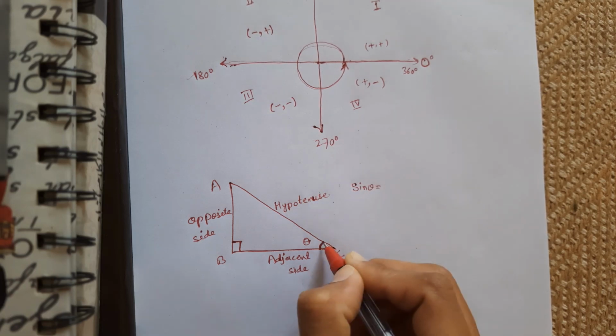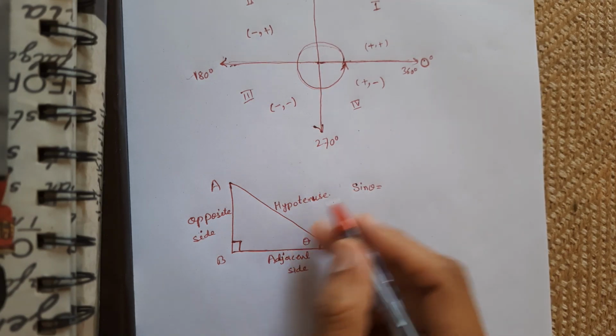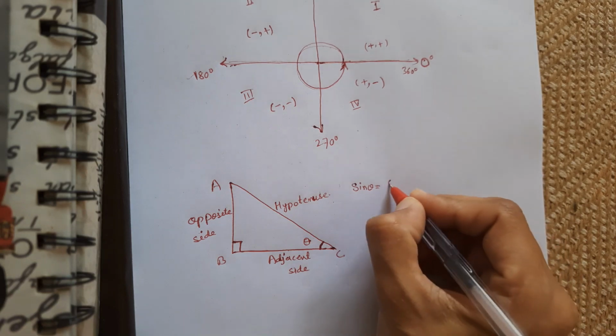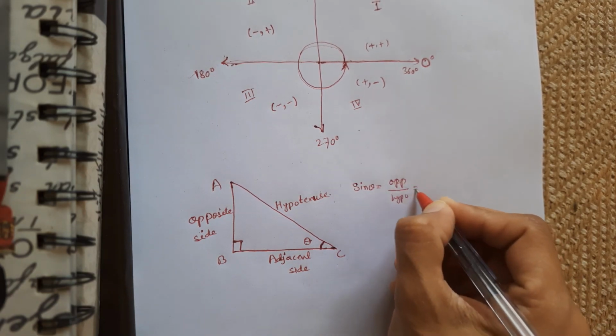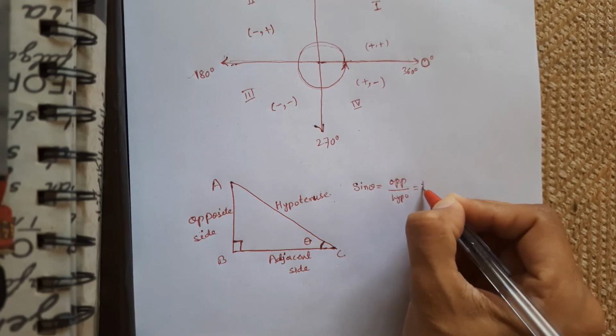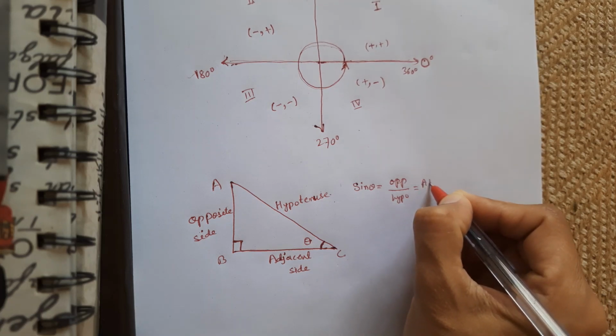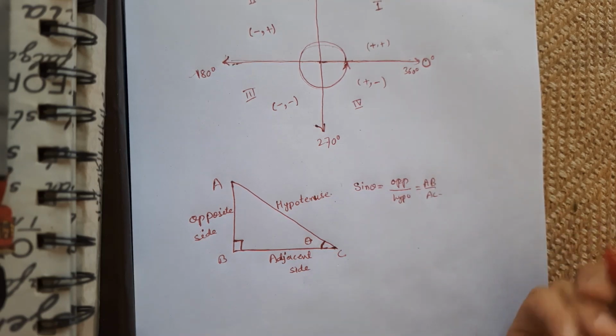Now the basic 6 definitions that you already know, I'm just revising. Sine theta of this angle is opposite upon hypotenuse, which is nothing but AB upon AC.